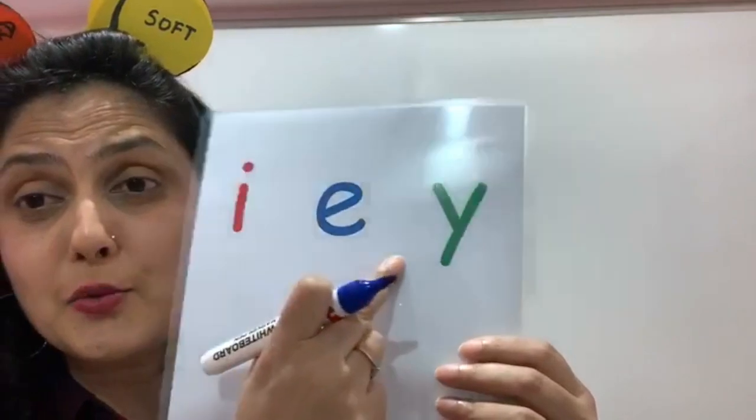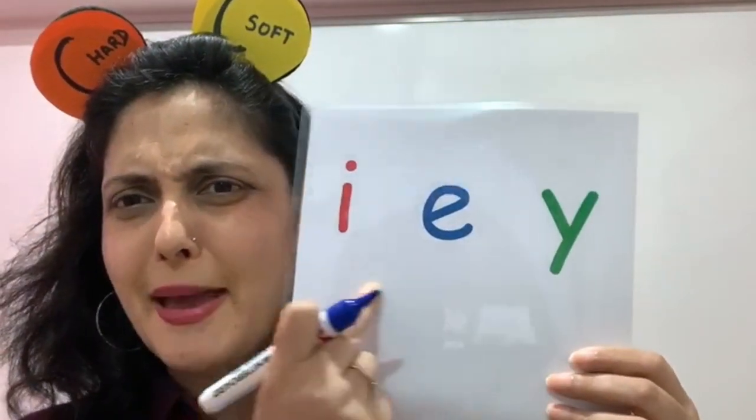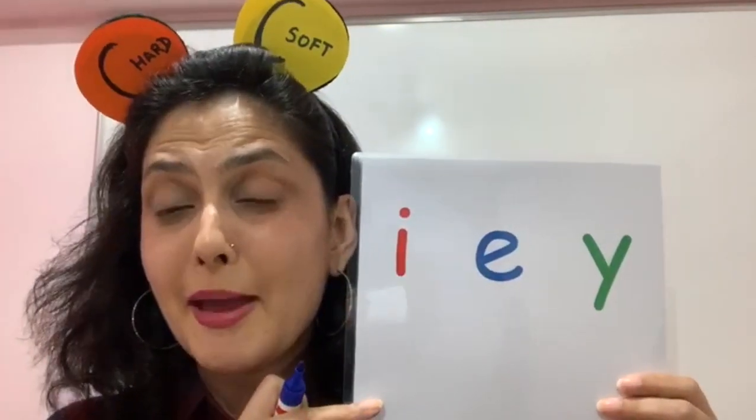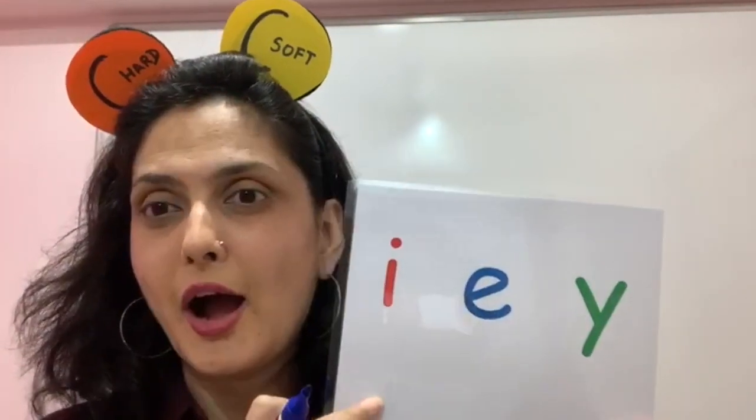So what have we learned till now? That when C has I, E and Y next to it, it makes the S sound. Yes? I, E and Y. But how do we remember these three? I have a trick. We remember I, E and Y because of Princess Cece. Princess Cece, you want to see who's Princess Cece?